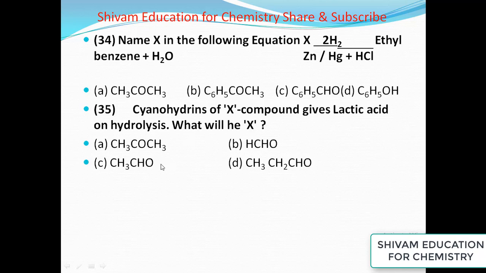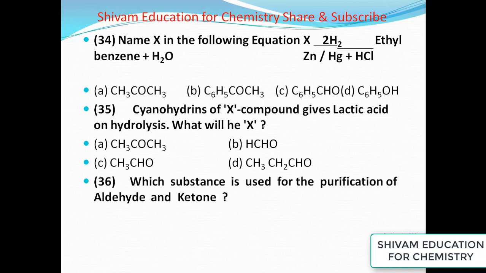So when addition occurs, total 3 carbon atom containing species should be there. So it will be acetaldehyde. Acetaldehyde undergoes nucleophilic addition reaction with hydrogen cyanide, then we get cyanohydrin which on hydrolysis gives us lactic acid. So answer of question number 35 is C, acetaldehyde.